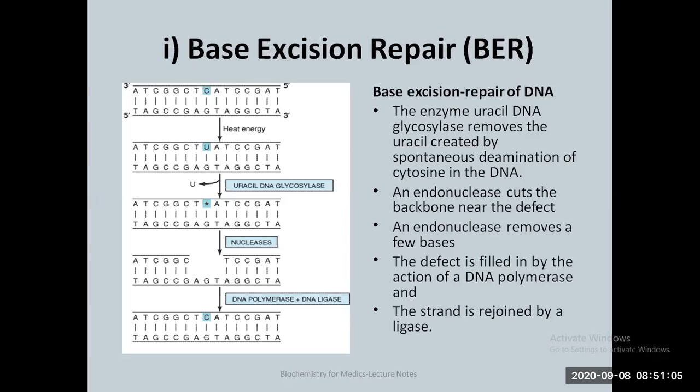So once the uracil is removed, the place will be empty, right? Then the nucleases start to excise the sequence of that particular region, and then immediately the DNA polymerase and DNA ligase will function and it will ligate it to the normal base.